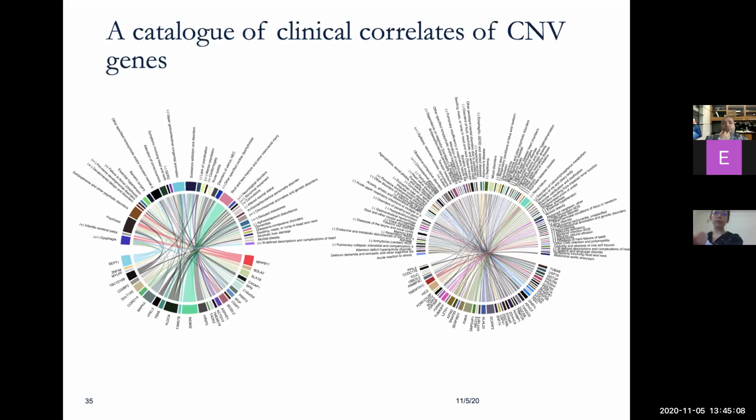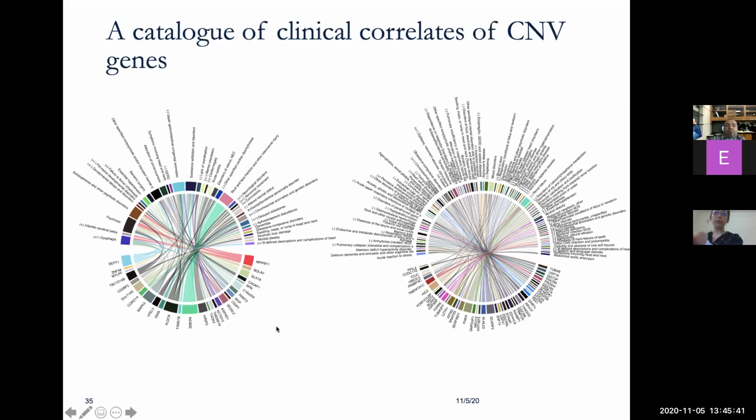And so at the bottom of these circles are the genes. On the top are phenotypes. And the phenotypes that are included here are included either because they are brain-related traits, or because they're the same phenotypes that came up when we compared traits that are actually overrepresented in CNV carriers.